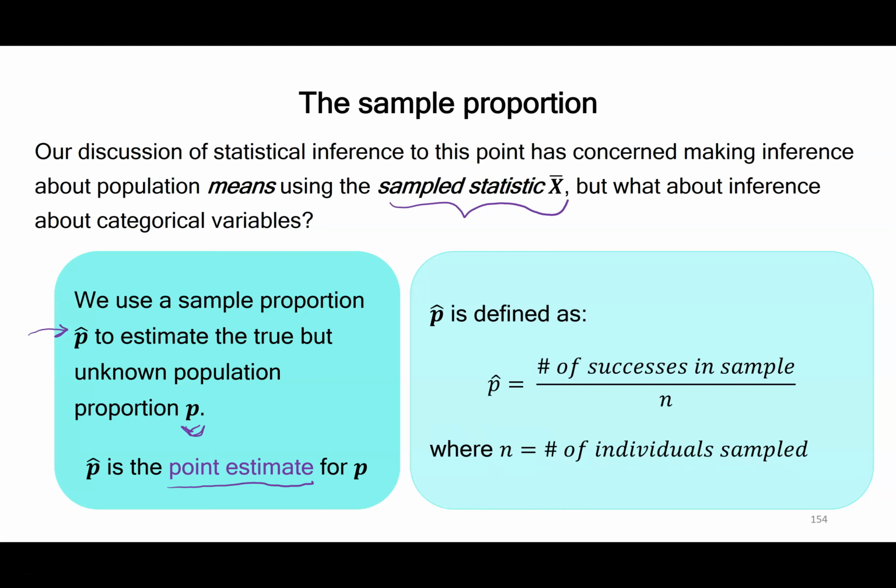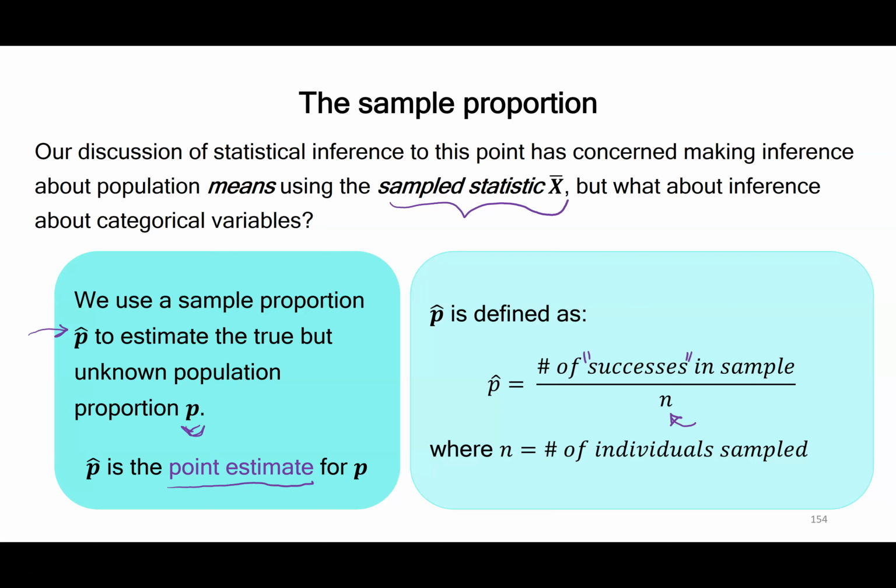So p hat is going to be defined as the number of "successes" in the sample over the entire, so n is our total sample size. Number of successes is more like the number with the characteristic of interest. We might say, hey, what proportion of individuals have cancer, right?